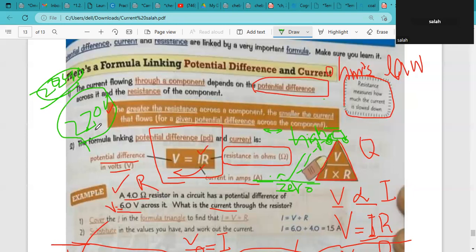Like in my laptop, I have no potential. My laptop is dead, it has no battery. So when I plug in the switch, it provides me the 240 potential difference with my laptop. So the current will automatically flow from the 240 potential to the zero potential, which is in the laptop.